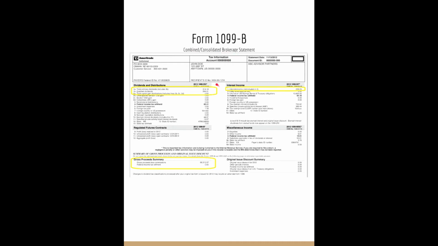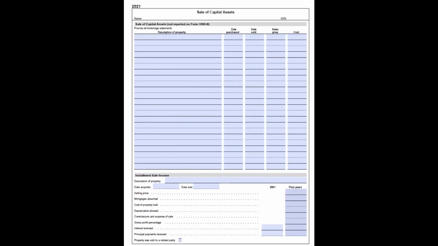So this is going to include your 1099 DIV, your INT, and your 1099B that we just looked at. That is going to list your capital gains, and the combined or consolidated statement goes on for several pages. You do not need to fill this out with every line of stock that you purchased and sold as long as you provide us with those forms we just looked at.